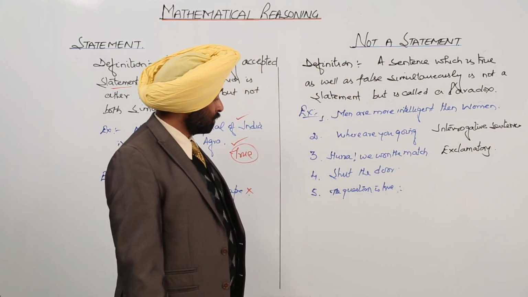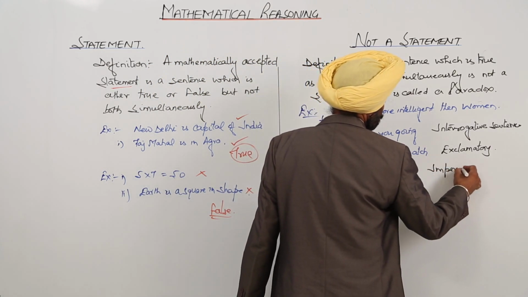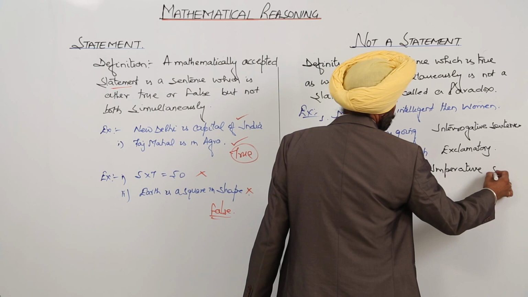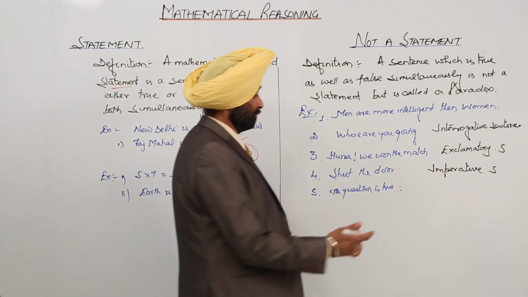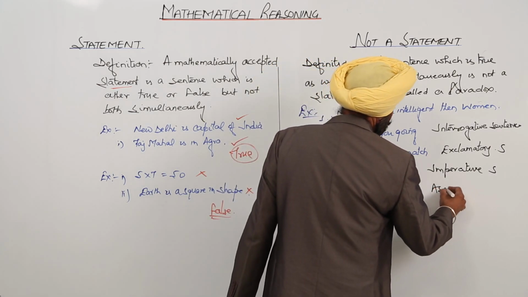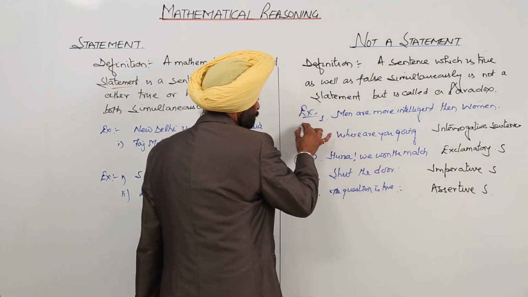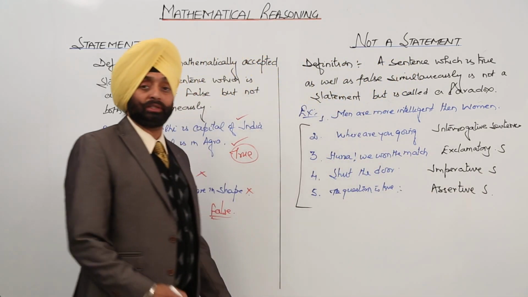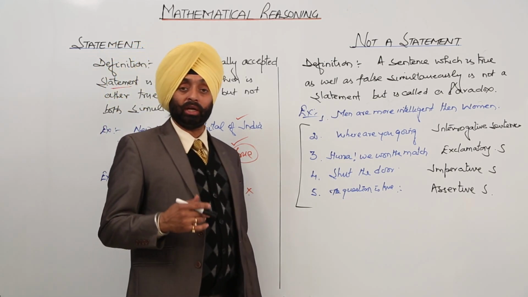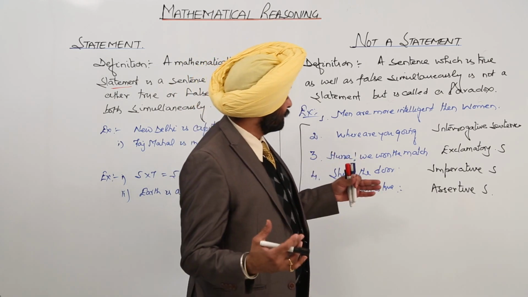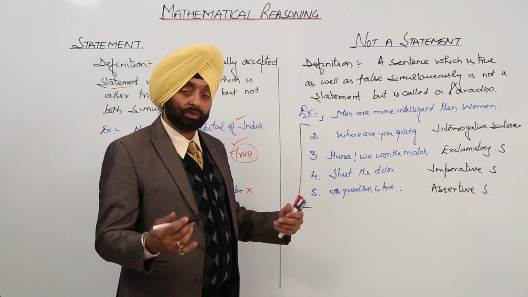Then shut the door. Imperative sentence. Okay, and then the question is true or false, assertive. Okay. So for all these 4 written examples, these are sentences, but these are not statements. Okay, we can't tell that they are true or they are false. Okay, so they can be true also, they can be false also.